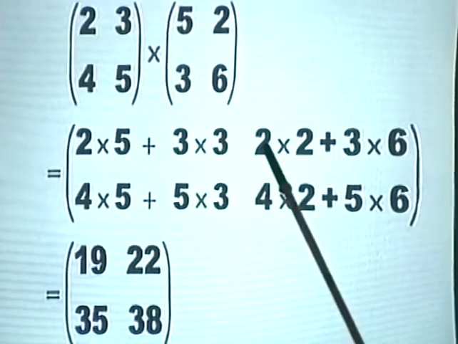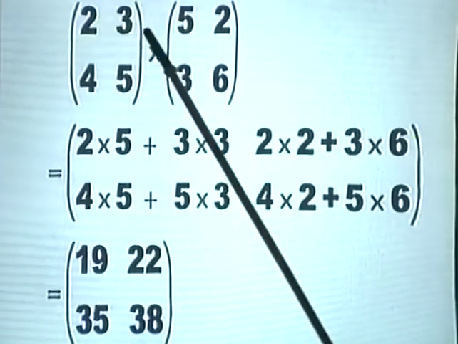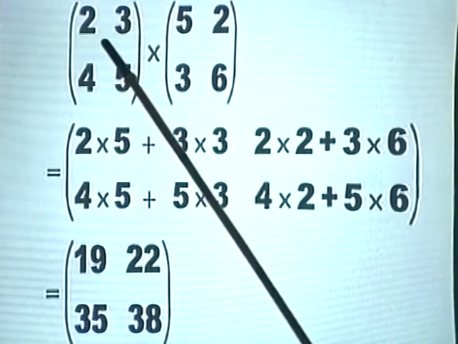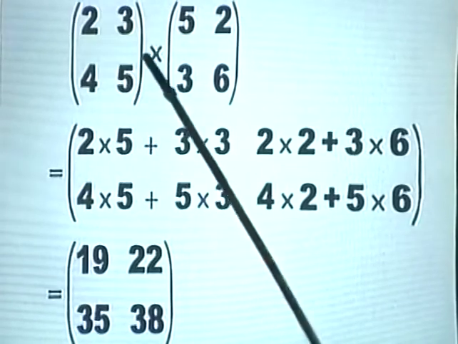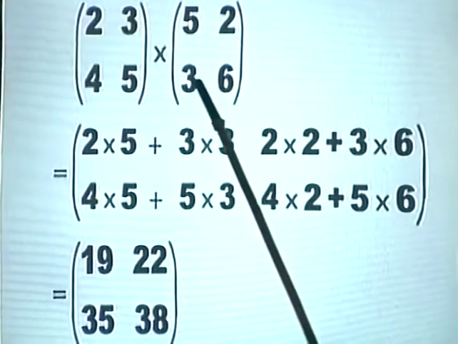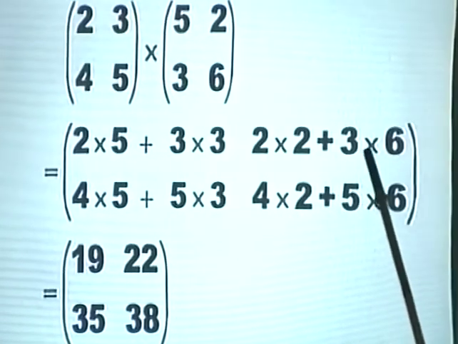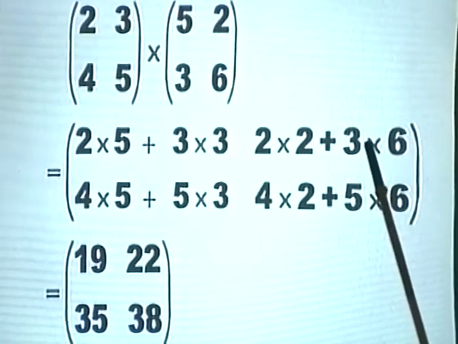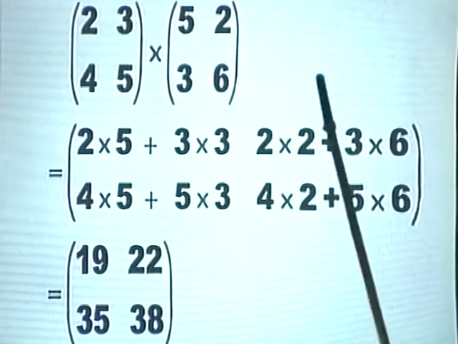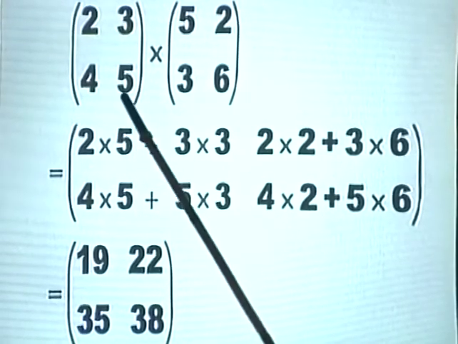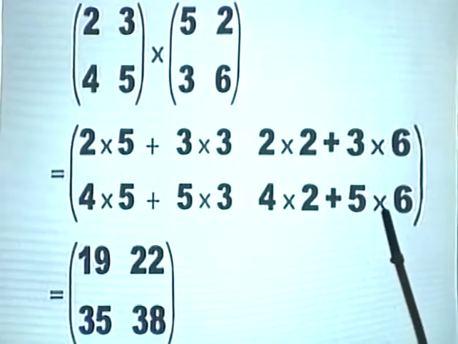Okay, then this is now 2 times 2 here, and then 3 times 6 here. Okay, next one is 4 times 2 here, and then 5 times 6.